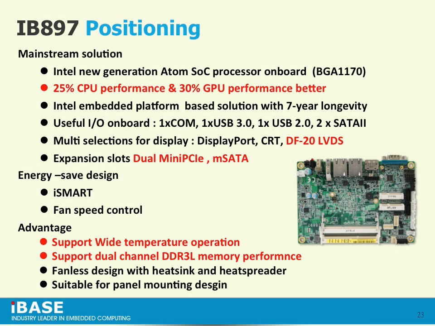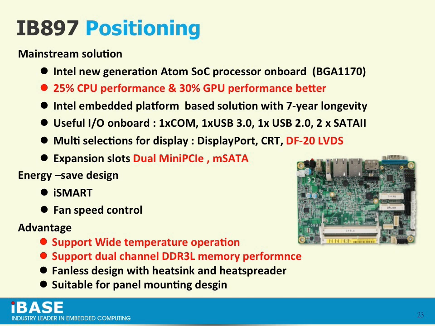As we have tested in-house, compared with the previous generation Intel Atom D2550, we found that the performance is better, at least 25% higher for the CPU section, and 30% higher for the graphics. So the newer solution can provide better performance with no doubt.